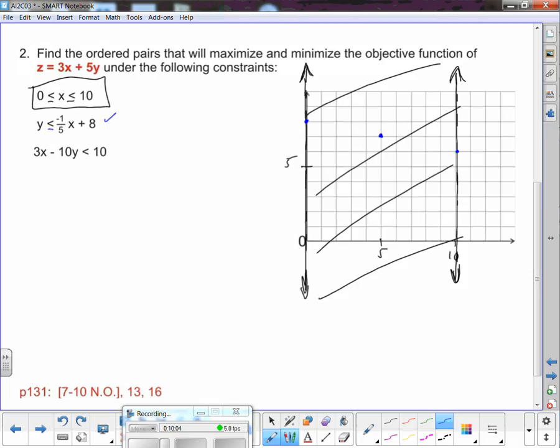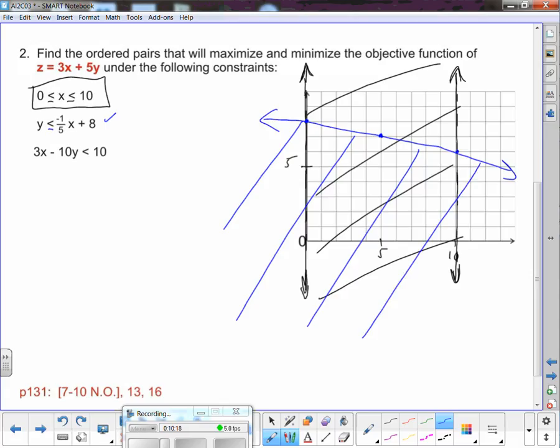And again, for ease's sake, let's just go equal to. We don't want to fool with the dotted lines. Okay, so the shading for this would be below, and I'm really going outside of our area right now, but that's okay because that's just what we need to do.